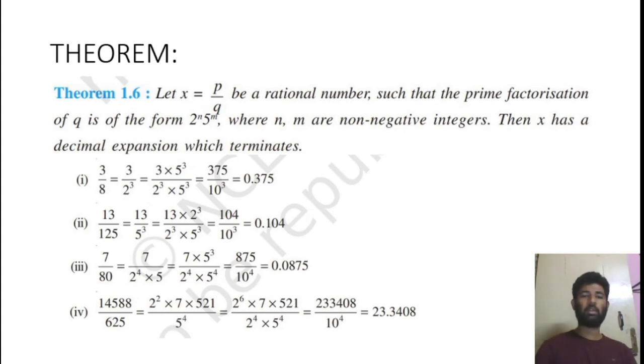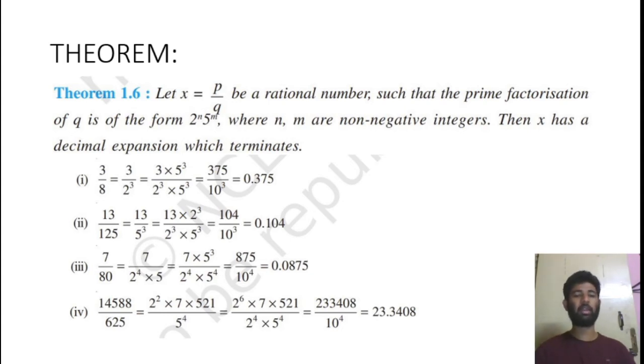Now coming to another theorem. This is the reverse of the previous theorem. Let x be p by q, a rational number such that the prime factorization of q is of the form 2 power n into 5 power m, where n and m are non-negative integers. Then x has a decimal expansion which terminates. Same thing, but this is the opposite of the previous theorem.